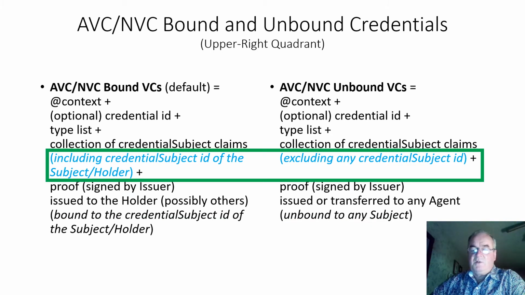If they don't have a credential ID claim, and the value of that ID property is empty, then we refer to that as being an unbound credential. It's not bound to a subject. The other properties, such as the context, the credential ID, the verified credential type, all remain the same.